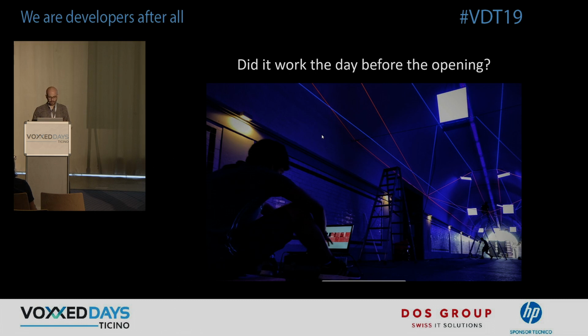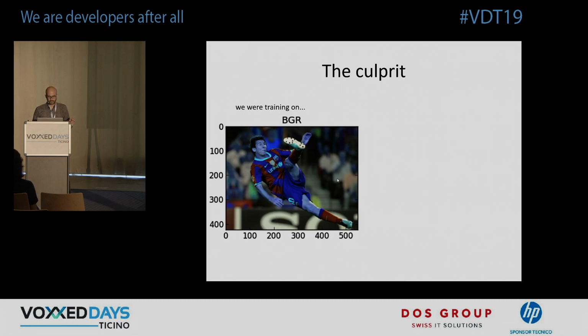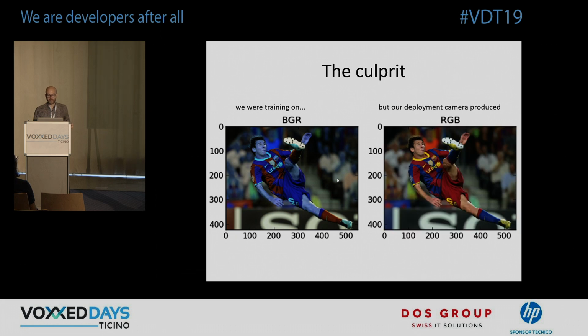Both me and Gabriele are quite expert in machine learning, and we thought we didn't make any mistakes, but the models were not good enough. So the problem, I tell you without too much suspense because we don't have much time, is that we were training on BGR images like OpenCV opens them. But the camera that we used in the tunnel was producing RGB images.